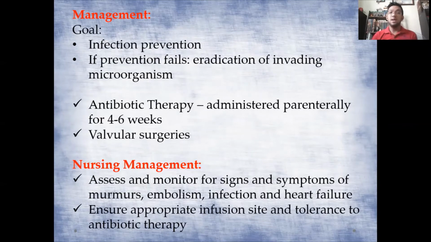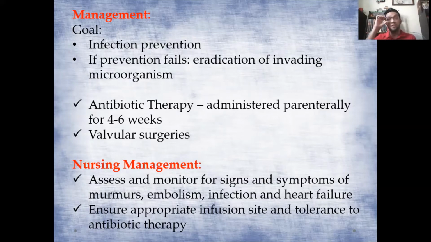For management, to prevent infection from occurring, antibiotics are going to be used on the patient. They are administered parenterally. Take note, this is done for 4 to 6 weeks. If prevention fails, antibiotics will again be used to eradicate the invading microorganism.